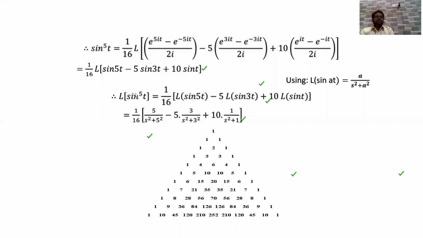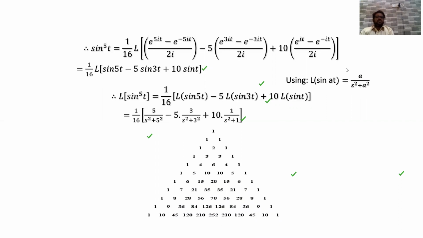Now we have to apply the Laplace formula to each term, taking the Laplace transform of each term. So 1 by 16 times Laplace of sin 5t minus 5 Laplace of sin 3t plus 10 Laplace of sin t. And then we use the formula for sin at, which is a upon s square plus a square.